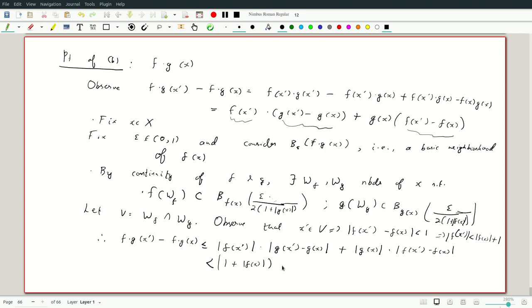Okay, and this quantity g of x prime minus g of x, well, since the image of WG which contains V under the map g is contained in this ball, so the ball of radius epsilon by 2 into 1 plus mod f of x around g of x, that means this difference is less than epsilon by 2 into 1 plus mod f of x.